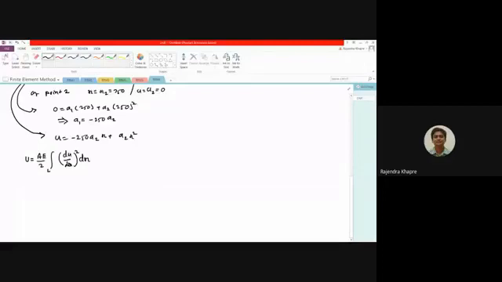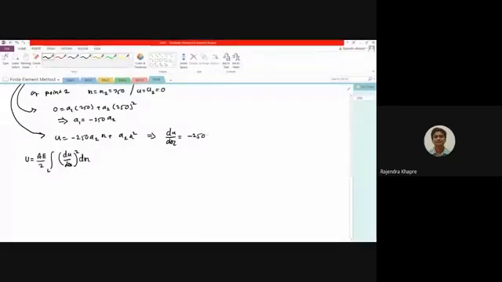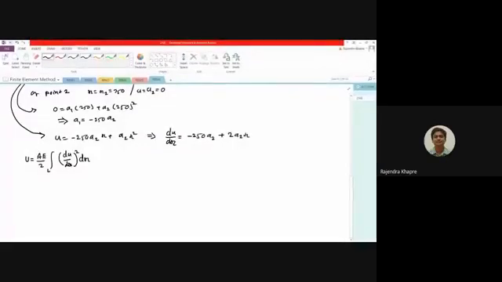For this purpose, first of all we need du by dx, so we can take a derivative of this. So du by dx equals, here you will have only minus 250 into a2 because x will be cancelled, and this will be 2 times a2 into x. So this is nothing but your du by dx.